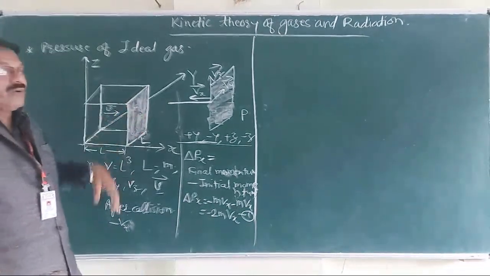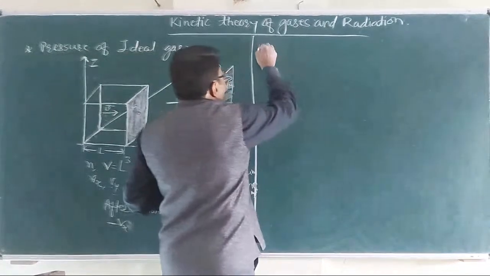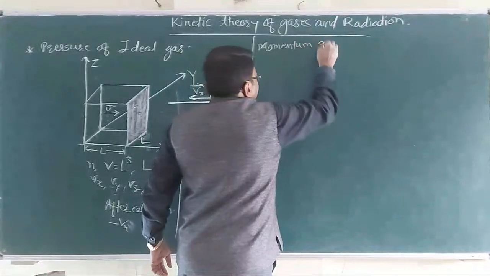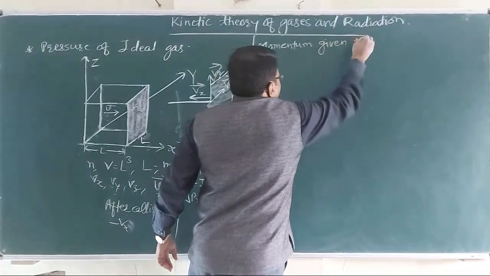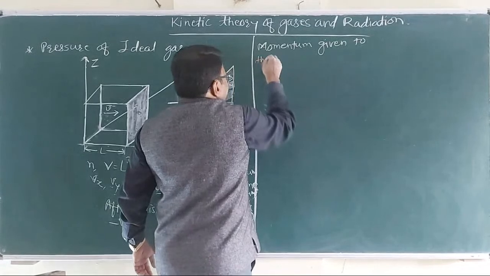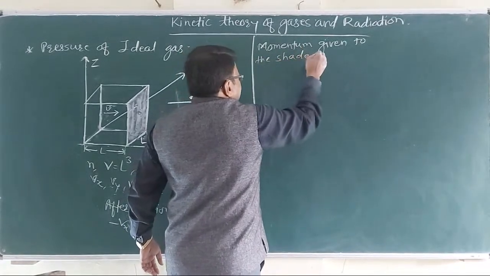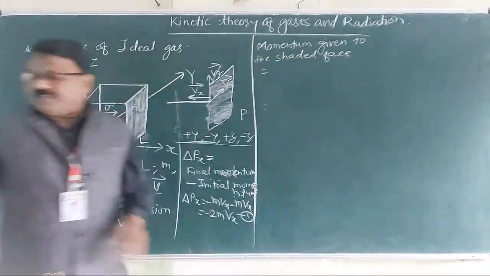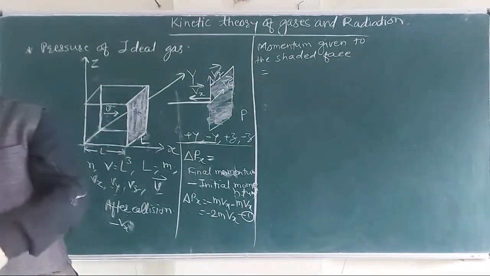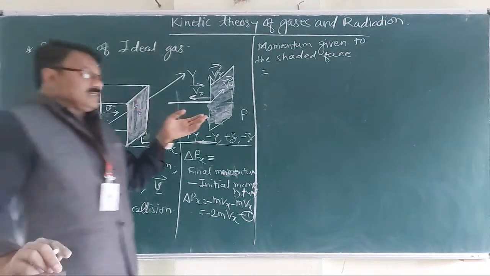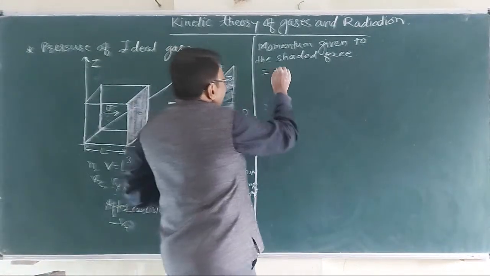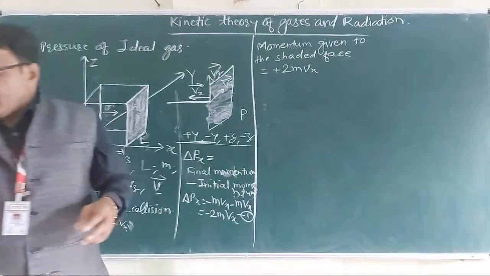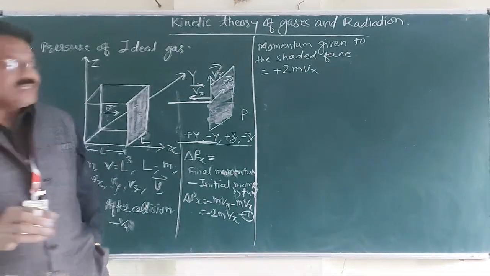Therefore momentum given to the shaded phase, or transferred to the shaded phase during collision, is equal to twice m into Vx.